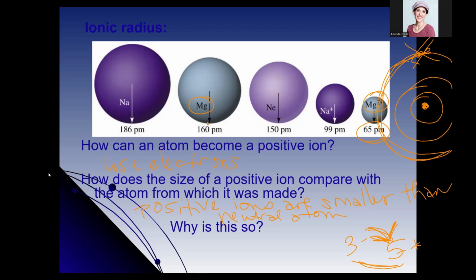You have more protons than you do electrons, and so those electrons are not balancing out those positive charges anymore. They're just strongly attracted to them, and it's going to get even closer to those positive charges.